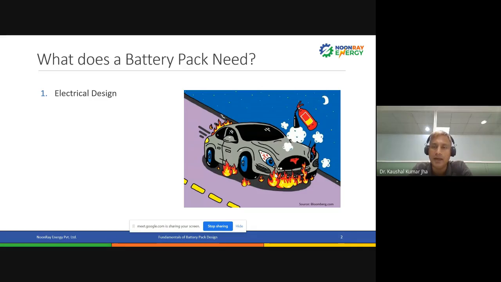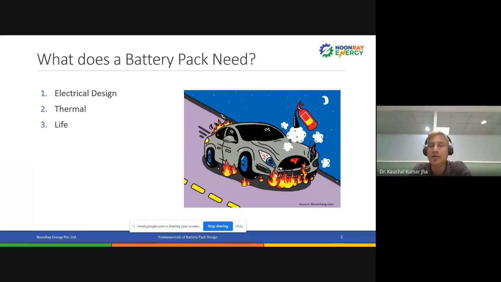What a battery pack needs: a proper electrical design, a proper thermal design. Life is very important because the battery is costly. It's a capital cost, an upfront cost, not like diesel and petrol, which you buy on a need basis. You have to go 200 kilometers, you get 20 liters of petrol or diesel filled.